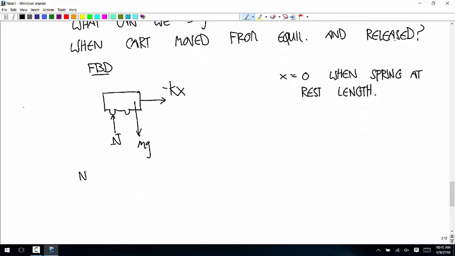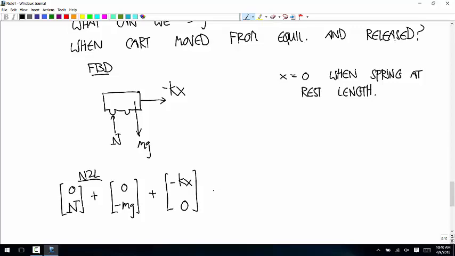And so Newton's second law from this says 0 n plus 0 negative mg plus negative kx 0 is equal to the mass times the acceleration, and we know the acceleration is just going to have an x component. We're trying to figure out stuff about the oscillation, which is all happening in the x direction.